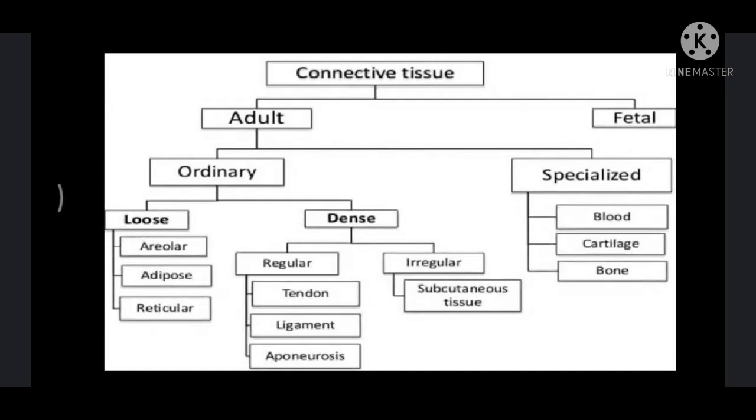Then while ordinary is completed, while talking of what we call the specialized tissues. The specialized tissues, for example, include the blood, the cartilage, and the bones. You know what blood is very well, so I don't need to explain the blood and how it connects.